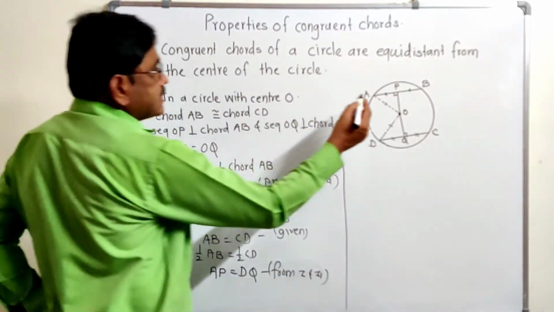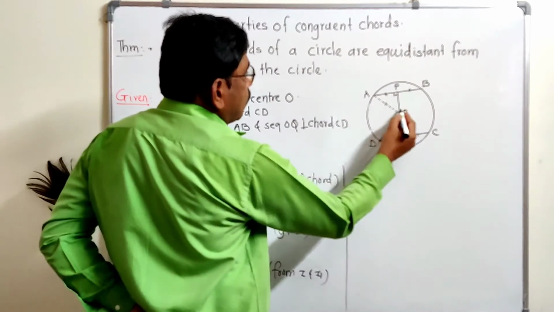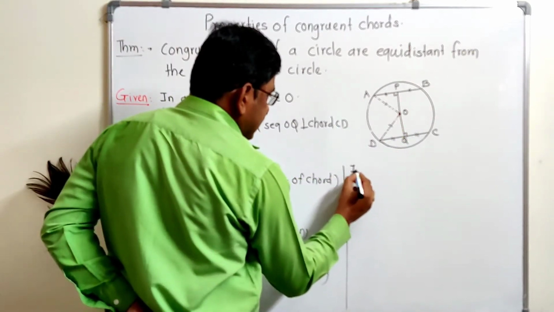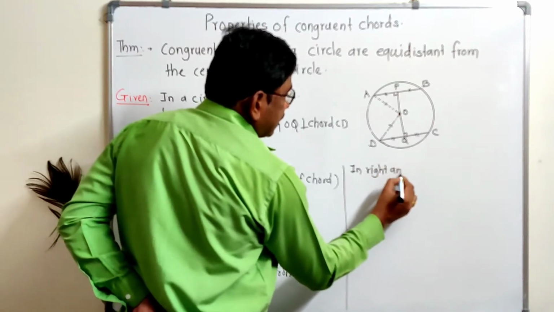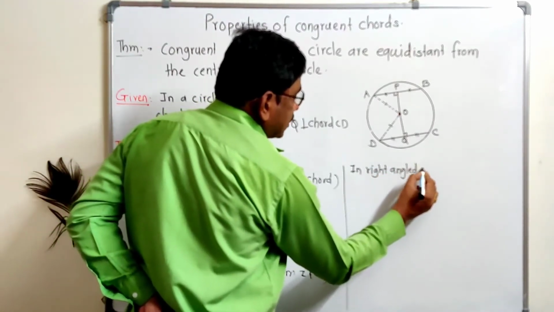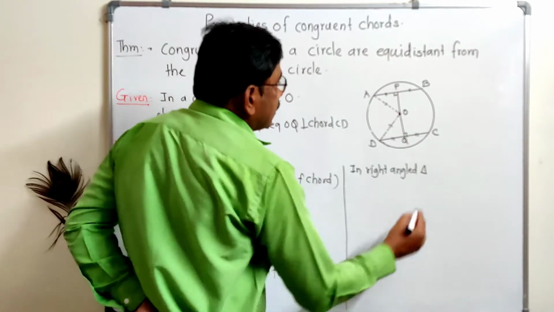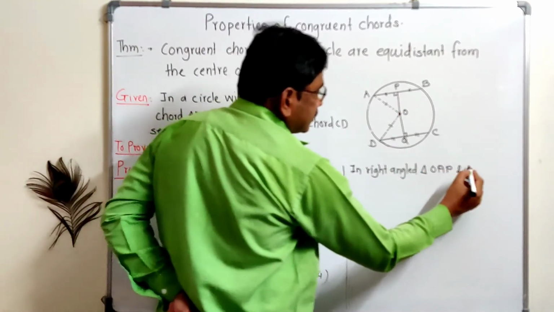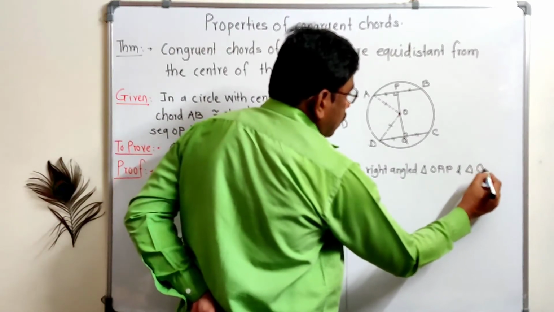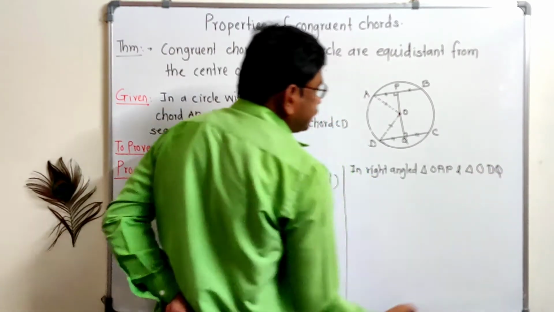Now consider this triangle OAP. So in right angled triangles, both are right angled triangles, triangle OAP and triangle ODQ.